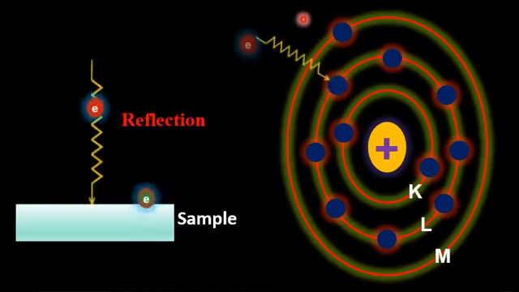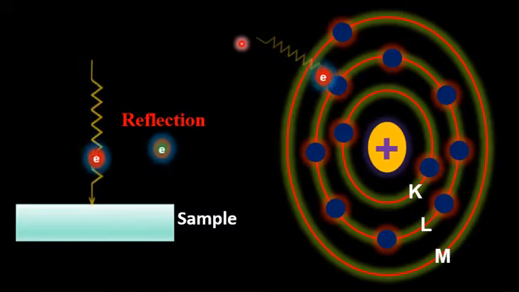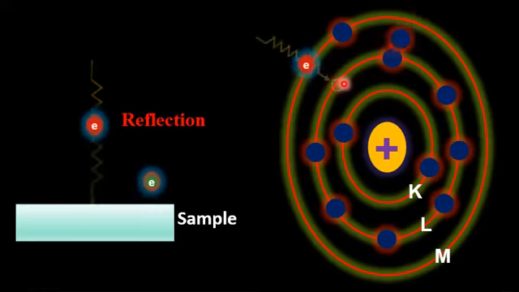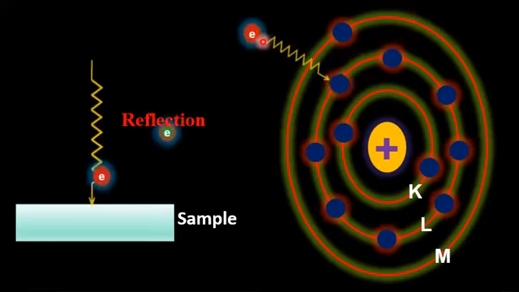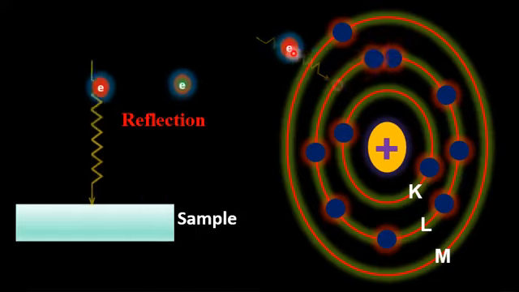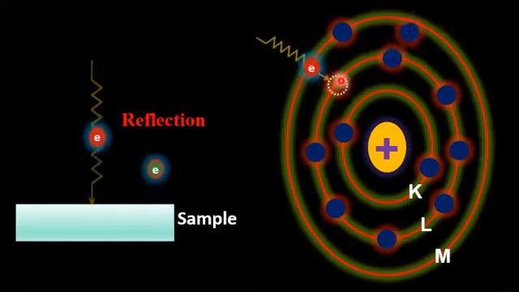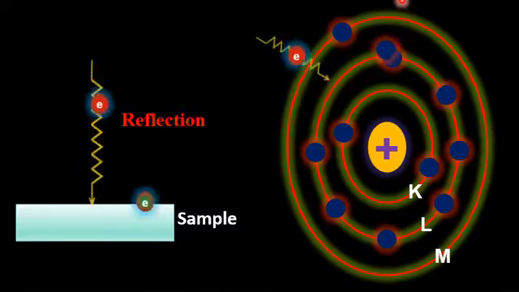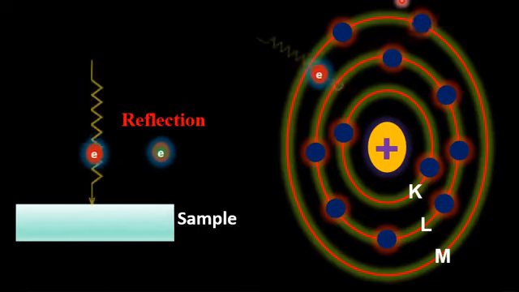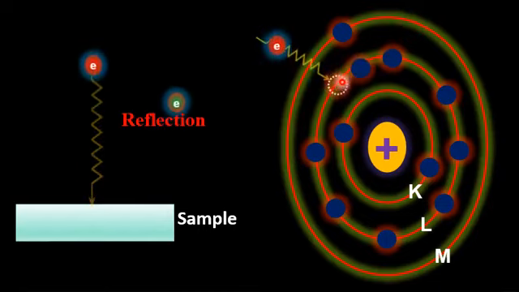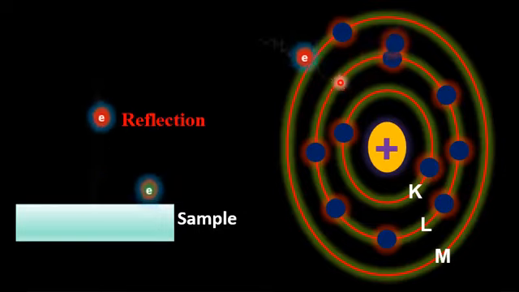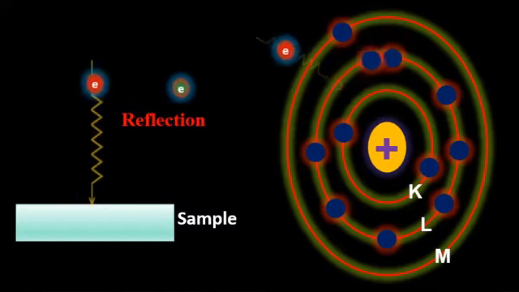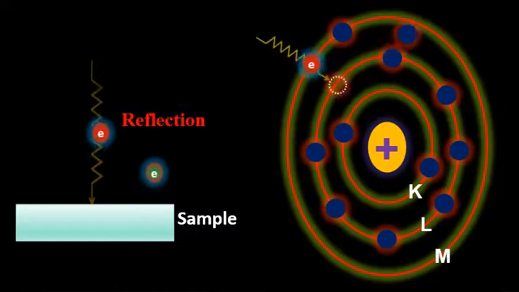So now, like this is an electron, and this electron falls on the electron present in the L shell. If the energy of the incident beam is higher than the binding energy of this electron, then the electron will be ejected from the sodium atom. So this ejection of a secondary or additional electron from any shell of an atom is caused by a reflection.